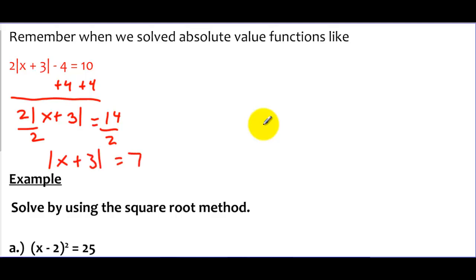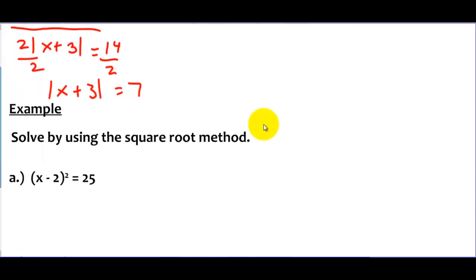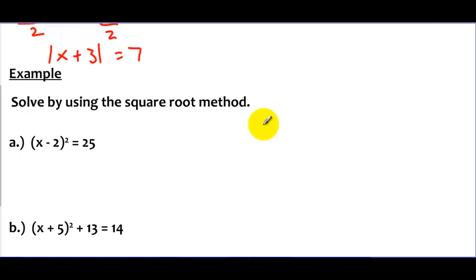When we get square root method problems, you might see some very similar to that. If you take a look at this example here, it's the same basic idea. The left-hand side, instead of being absolute value bars, is now a parentheses squared. It's just a different operation on this stuff, but it's going to be the same thing.